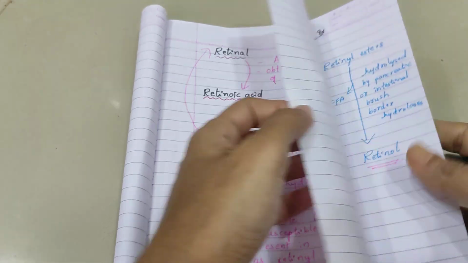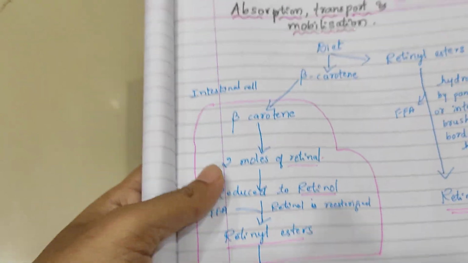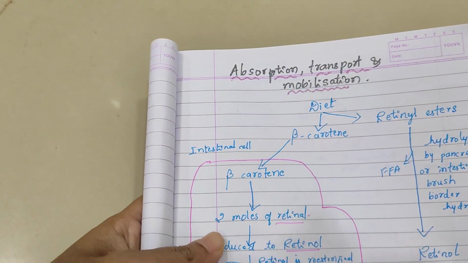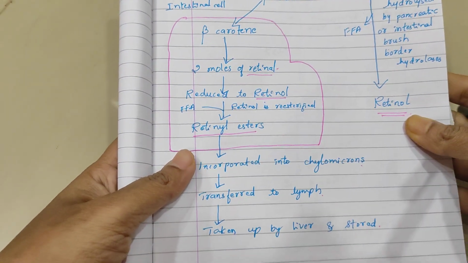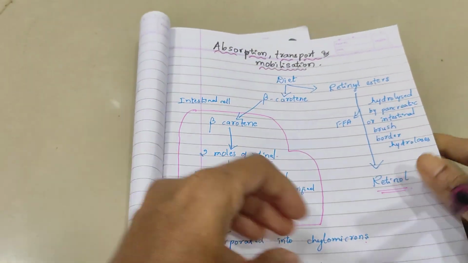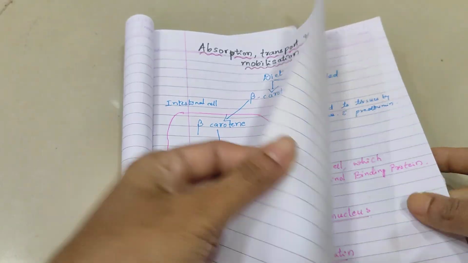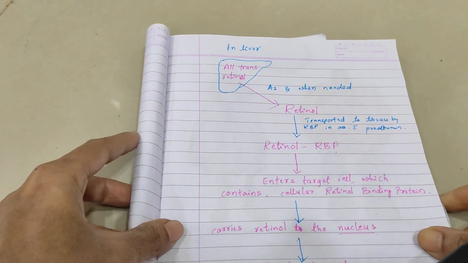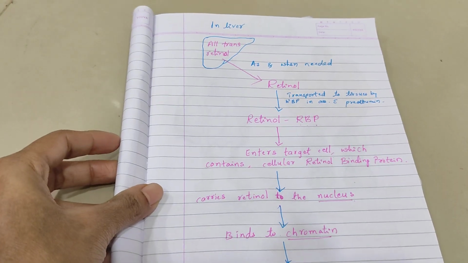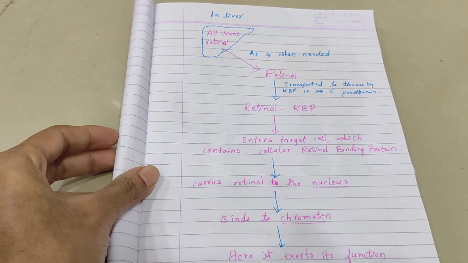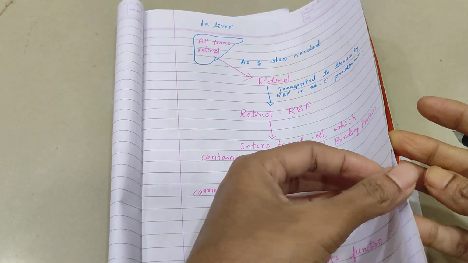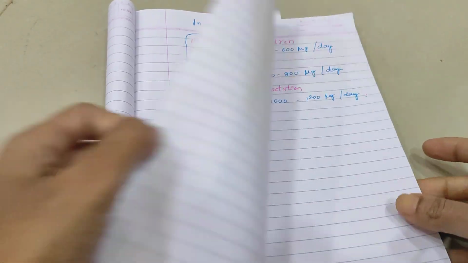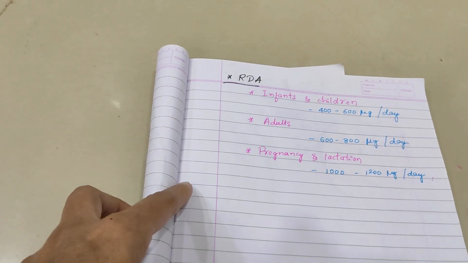Then we also covered absorption, transport and mobilization of vitamin A. Then we also covered what happens once it is stored in the liver, how it is released, how it executes its function in the target cell. Then we also covered the dietary allowance for vitamin A.